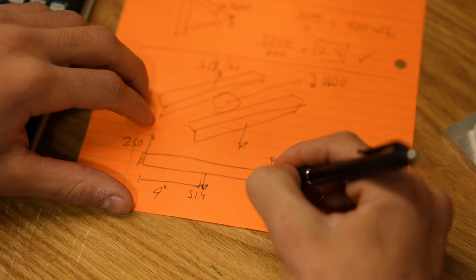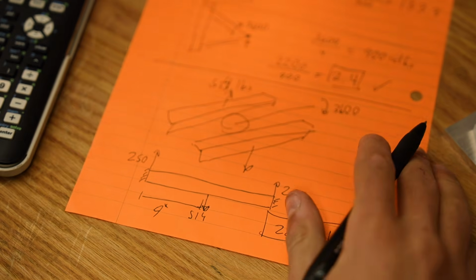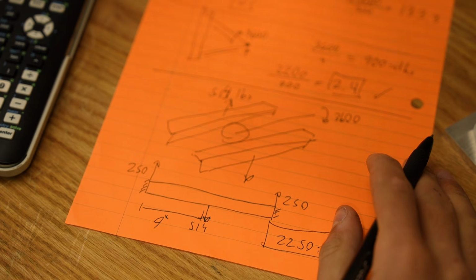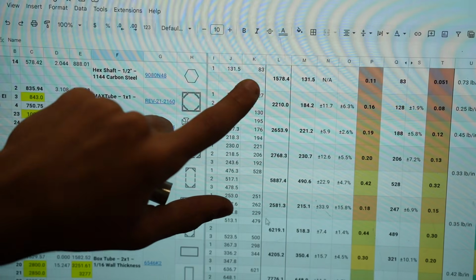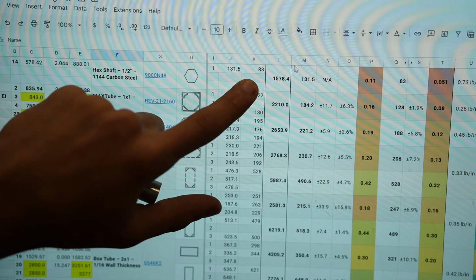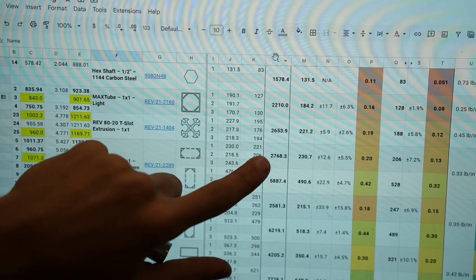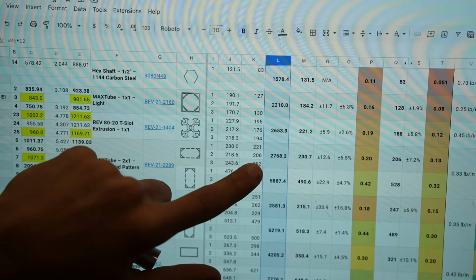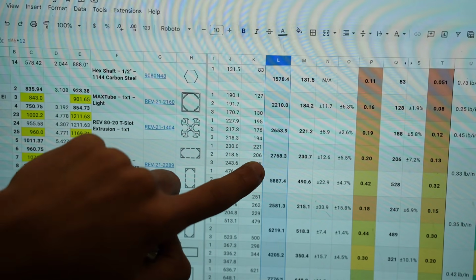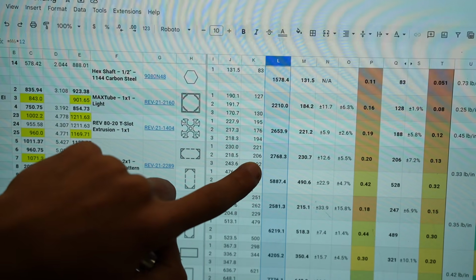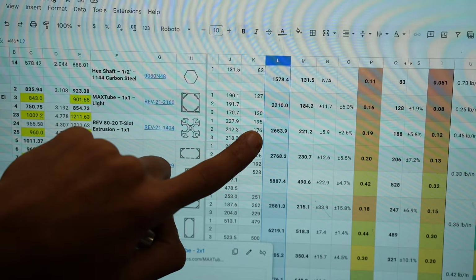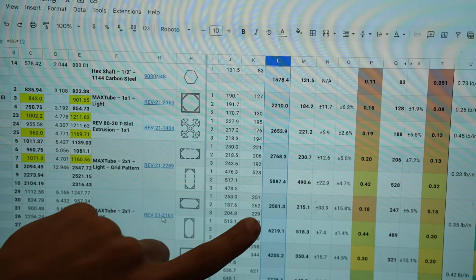Let's compare that to the strength of the profile we used. So as we look here, we are targeting 2,200 inch-pounds with a margin of more than 2. So we're really looking for a profile that is stronger than 4,400 inch-pounds. We're gonna keep going, not strong enough.